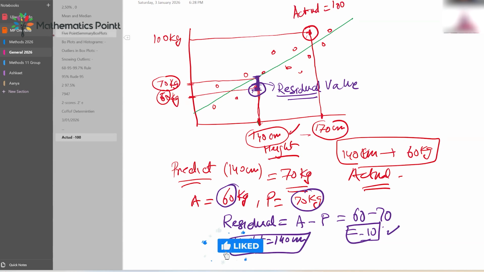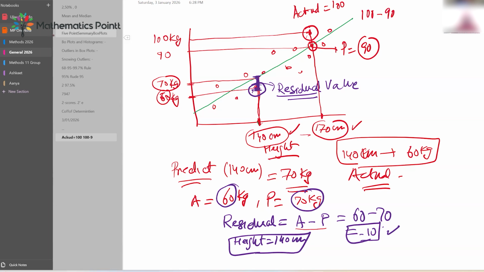But what is the predicted value? You see here, here is the predicted value. That's the dot where it's sitting on the line. And let's say this must be 90. So the predicted value is 90. So what is the residual at 170? Residual is actual take away predicted. Actual is 100, take away predicted, which is plus 10.